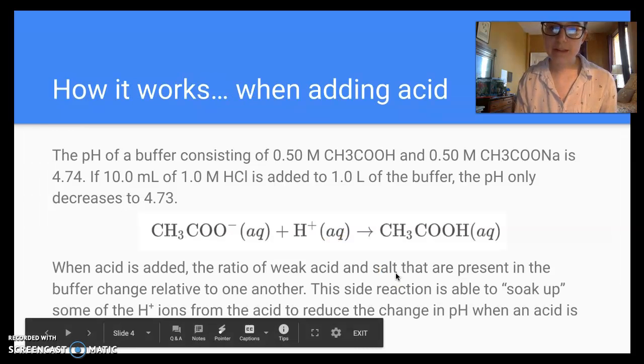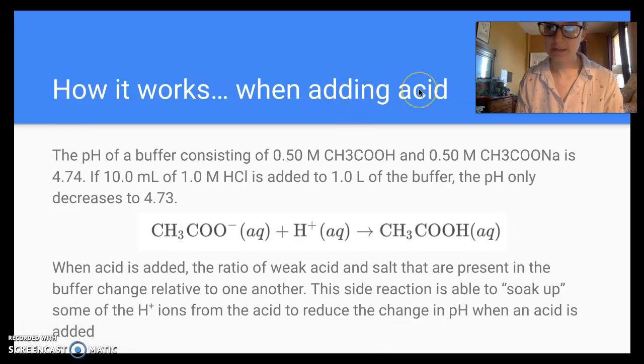So the way that buffers work, first we're going to talk about when adding acid, how it resists that pH change. So the pH of a buffer containing 0.5 molar CH3COOH, which is acetic acid, and 0.5 molar of sodium acetate is 4.74.